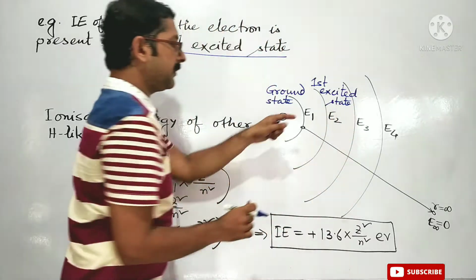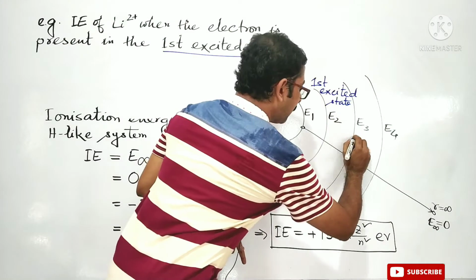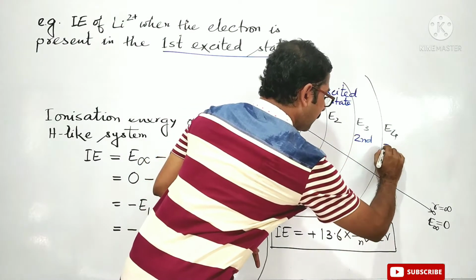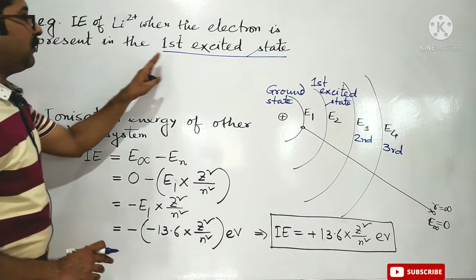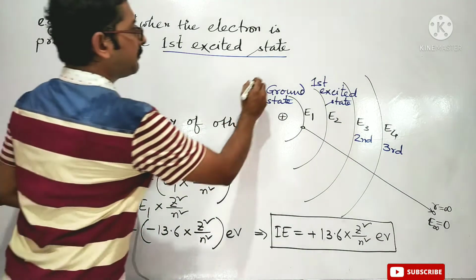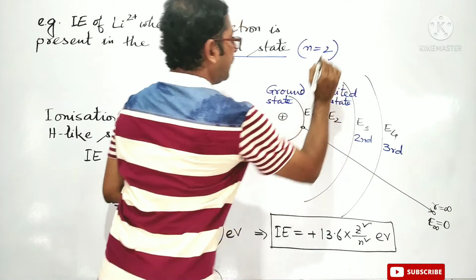First excited state means E2. This is the second excited state. This is the third excited state, and so on. So the first excited state means n equal to 2, right?